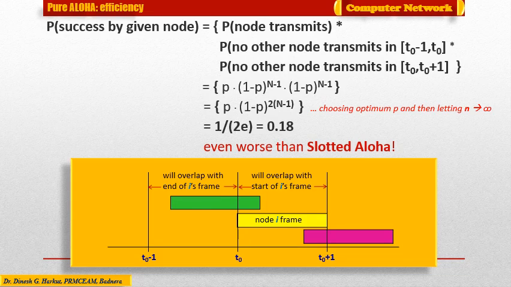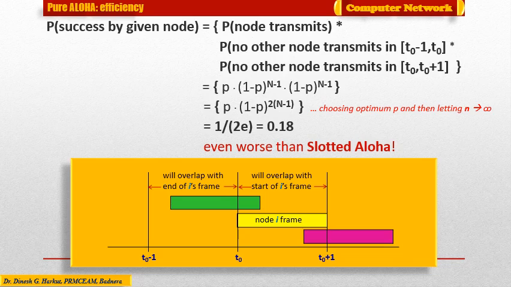Again, no other frame should be allowed to begin transmission in between t0 to t0 plus 1, because such a transmission would result in overlapping with either the beginning of the transmission of node i's frame or the latter part of the frame of node i.